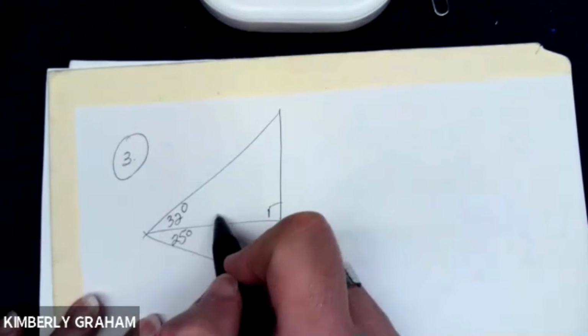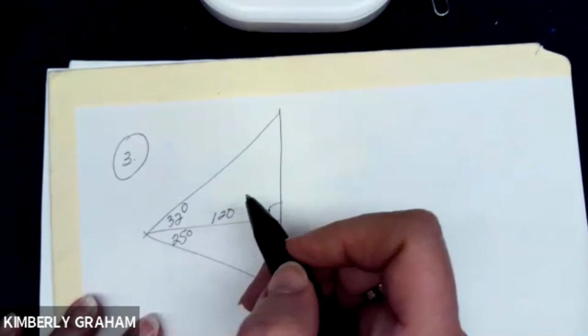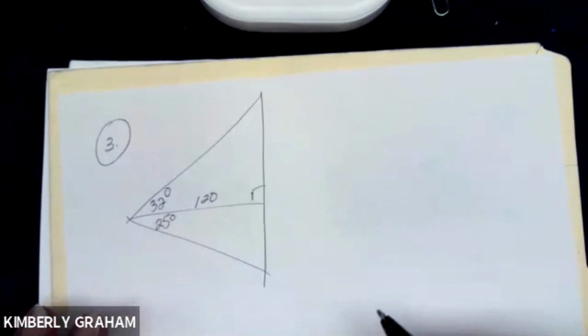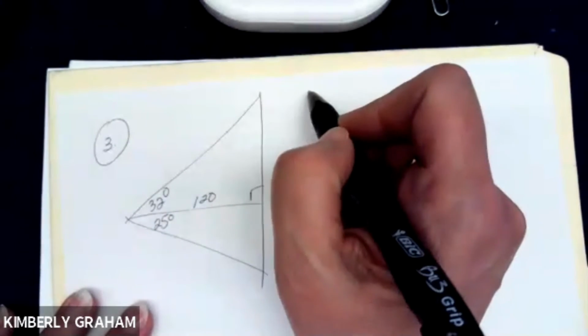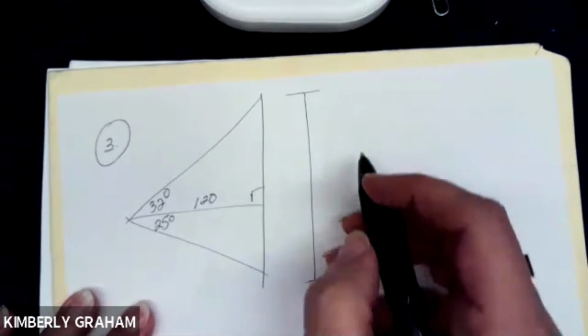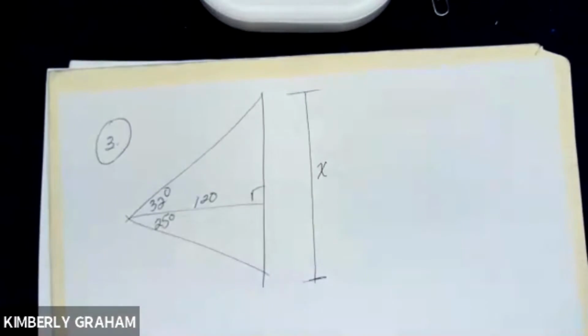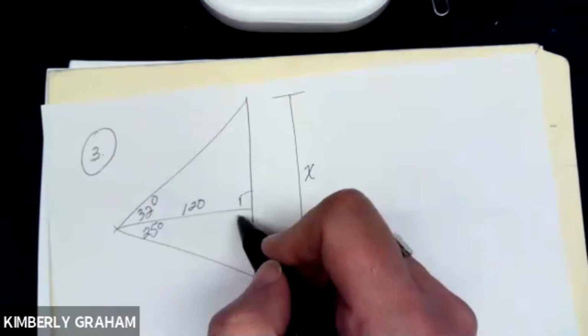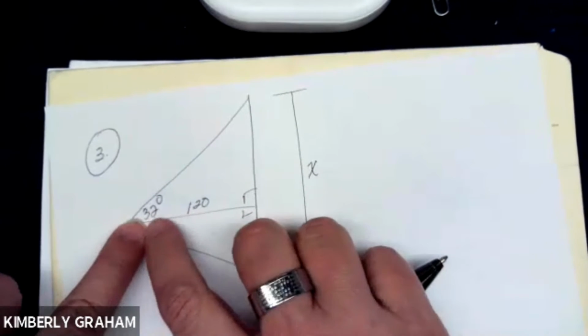This length is 120. And I am asked to find this whole length here, which they're going to call x. Well, I have two right triangles.